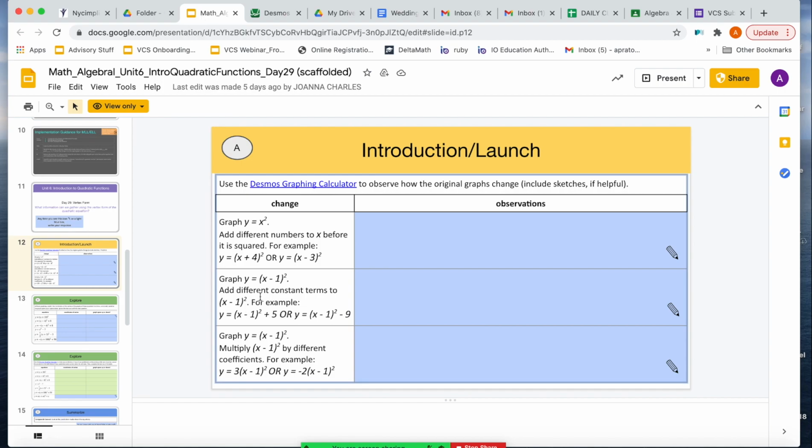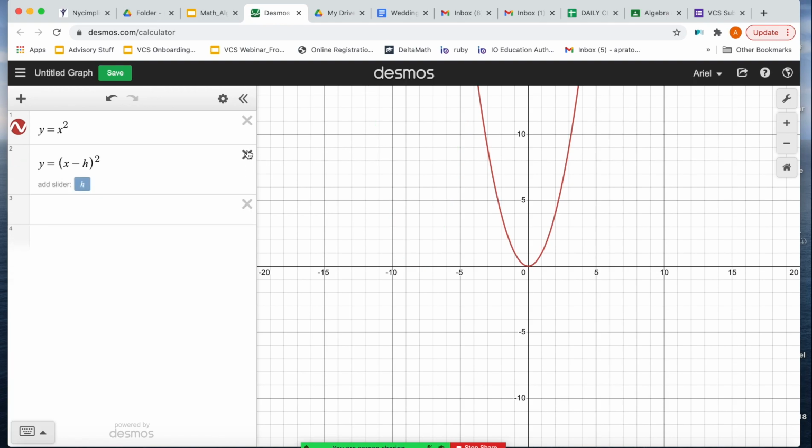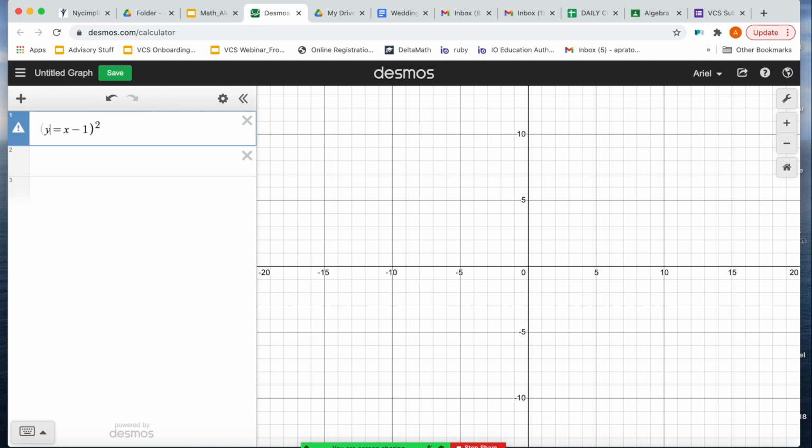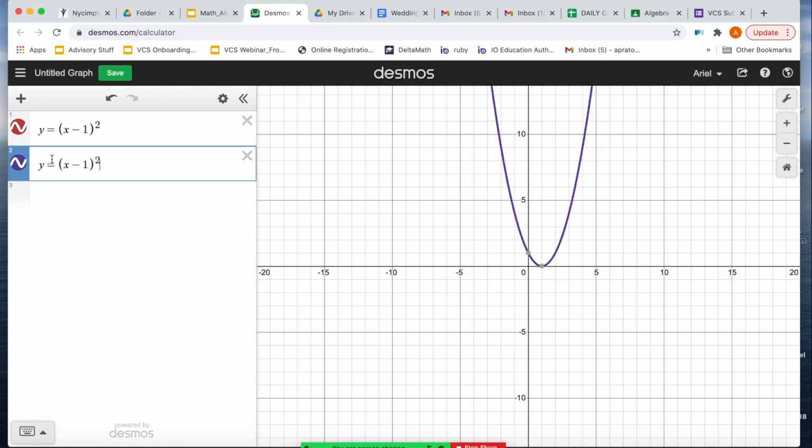Next it asks you, graph y equals the quantity of x minus 1 all squared, and add different constant terms, and it gives some examples. So let's delete this and change this. There's the original one they asked us to graph. I'm going to copy that, but I'm going to add a different constant.